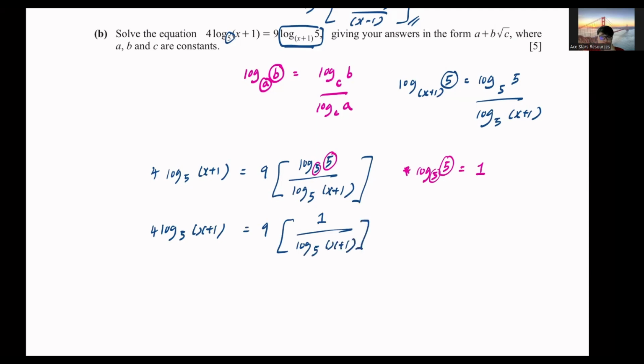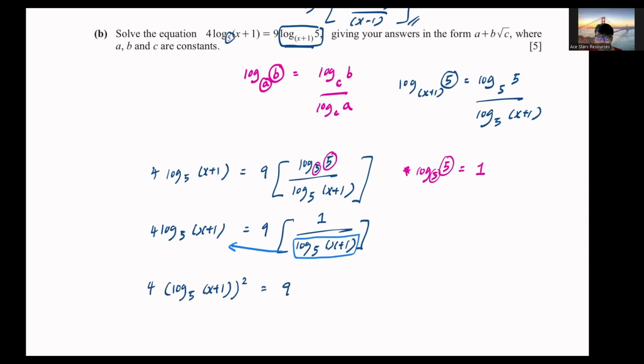That's very clear. You don't like fractions, so you can move the entire thing over to the other side. So you will end up with log base 5 of (x plus 1) squared equals 9 times 1, which is 9.